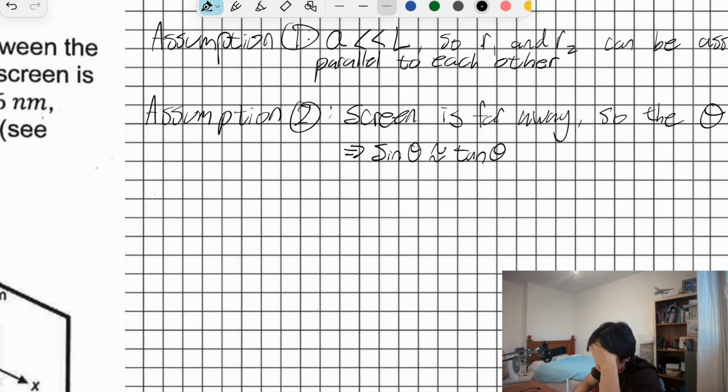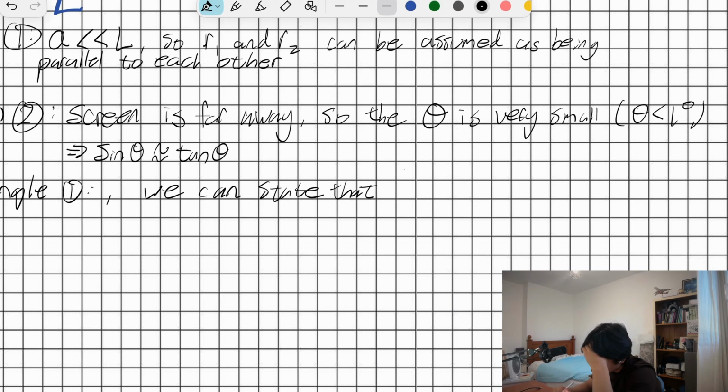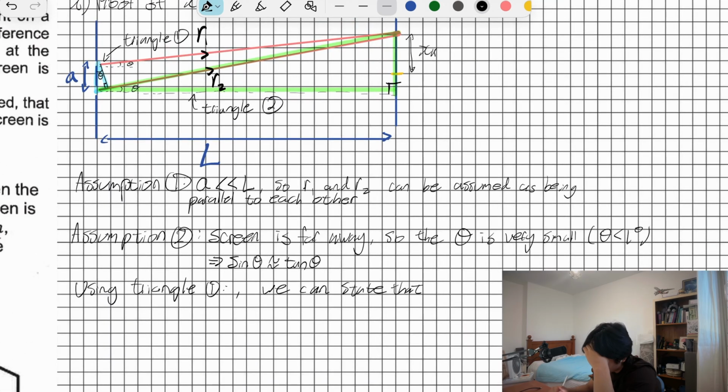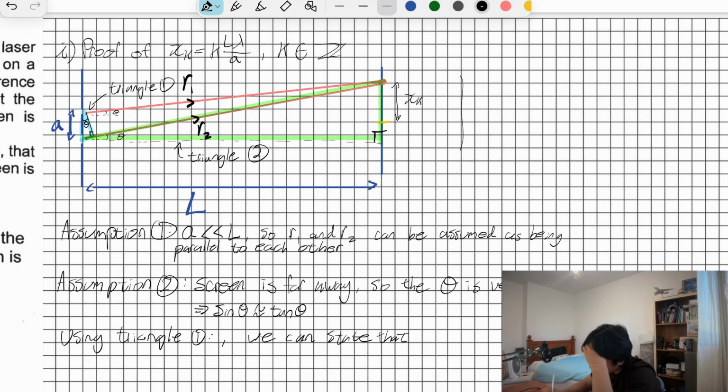Okay, let's say using triangle 1, we can state that, I'll just redraw it for you guys here. You can redraw it or not redraw it during the exam, but it's really up to you, right?